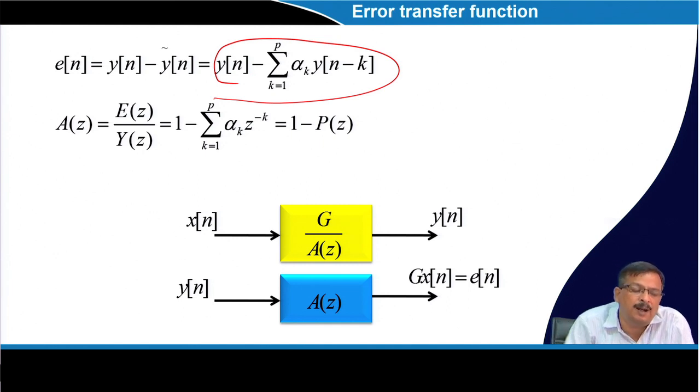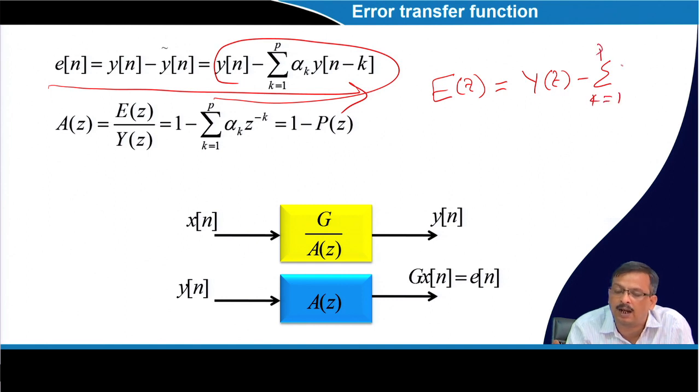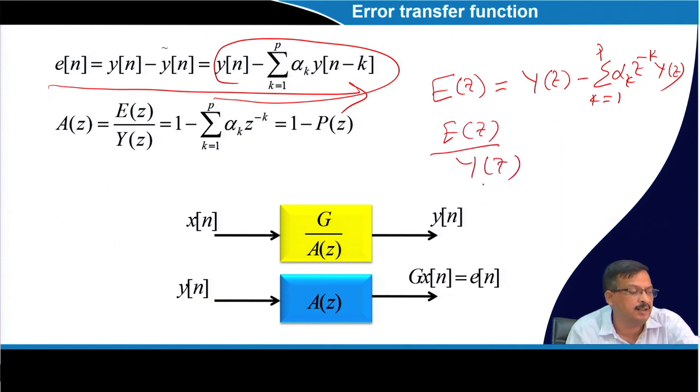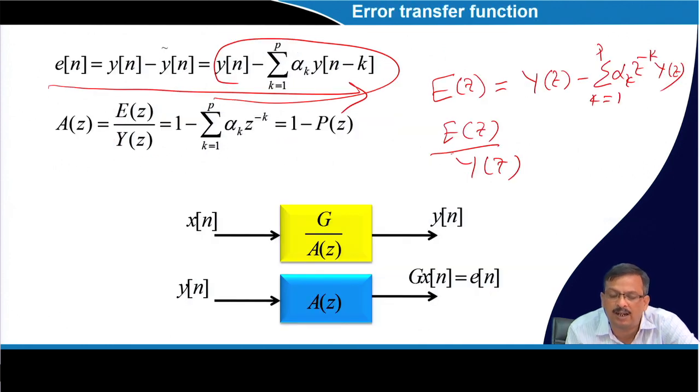Okay, so now let us take the Z transform of this equation. So I can say E z is equal to Y z minus summation k equal to 1 to p alpha k z to the power minus k Y z. So if I say E z by Y z, Y z is the input, P z is the prediction filter. So I can say E z by Y z is nothing but my transfer function A z.